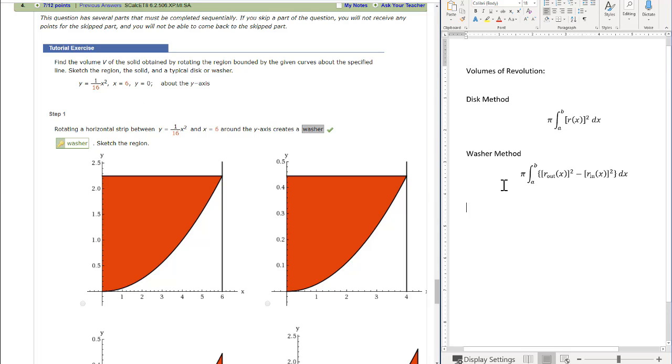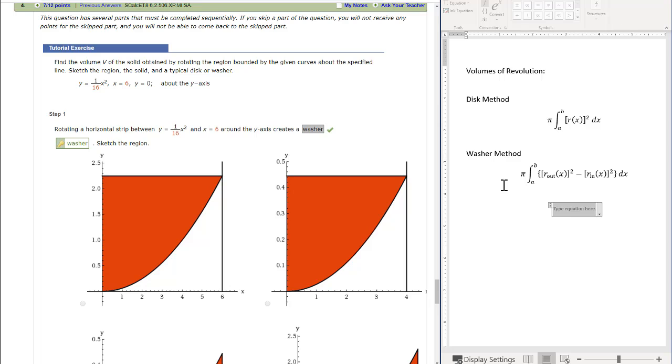So we want to know where 6 is equal to 1 over 16 times x squared. Oops, x, this is y, is equal to 1 over 16 x squared.